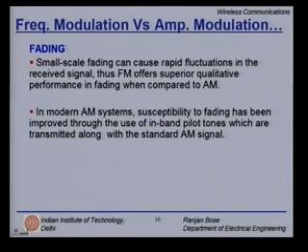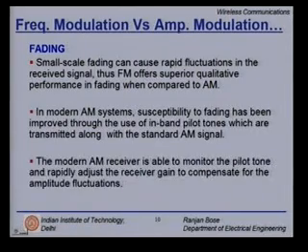However, modern AM has a workaround. In modern AM systems, susceptibility to fading has been improved through the use of an in-band pilot tone. What does it do? These pilot tones are transmitted along with the AM signal and we monitor the received amplitude of the pilot tone. If the amplitude is lower than a certain level, we pump it up, we increase the gain at the receiver, thereby counteracting fading.